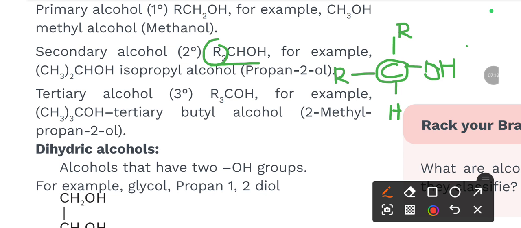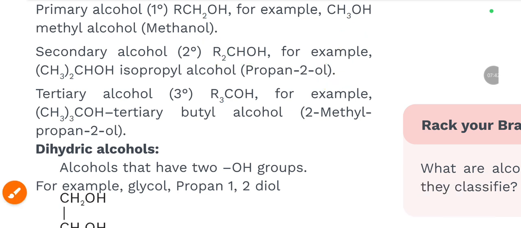This central carbon is attached to R dash and R dash, two alkyl groups, so through carbon atoms. Two alkyl groups means two carbon atoms. As it is attached to two carbons, this is also called 2 degree, second degree or secondary alcohol.